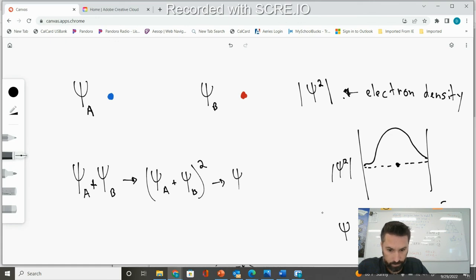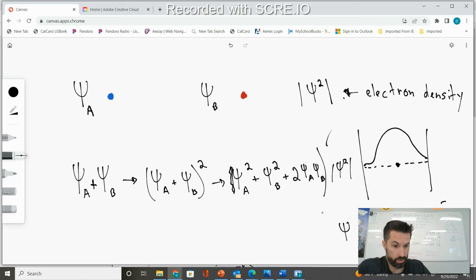Simple algebra, you're going to get psi A squared, okay, right, plus psi B squared, okay, and then we get the 2 psi A psi B. Now, these ones, psi A squared and psi B squared, let's just draw a little line. That just looks like this right over here. So psi A squared and psi B squared just look like this one right here.